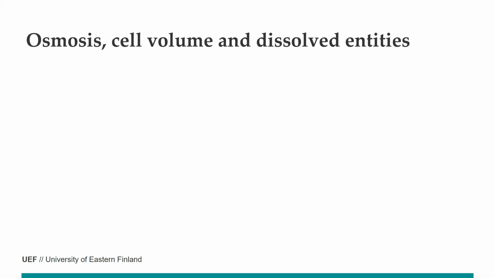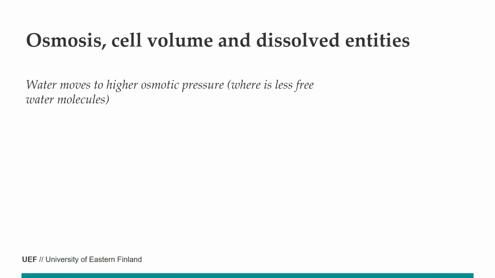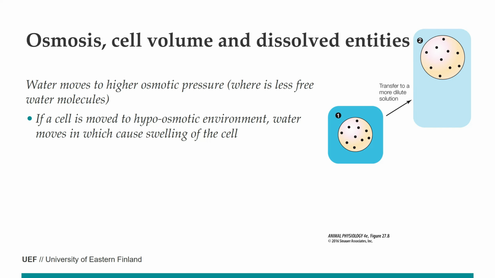Okay, what about then osmosis, cell volume, and dissolved entities? So we know that water is moving to higher osmotic pressure because there are fewer free water molecules. And if the cell is moved to a hyperosmotic environment, then of course water is moving, and that causes the swelling of the cell.